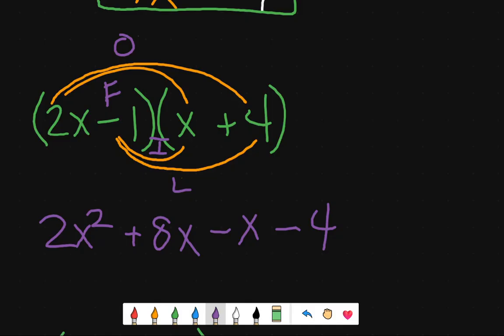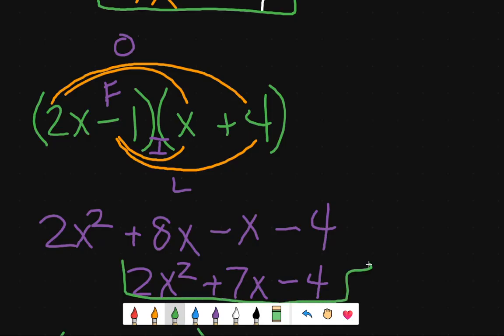These are x to the first powers. Yes, we can. So we have 8x minus 1x, which is equal to how many x's? If you said 7 x's, you would be correct. So this is a positive 7x. And then the minus 4, we can't combine. So our answer for this one is 2x squared plus 7x minus 4.